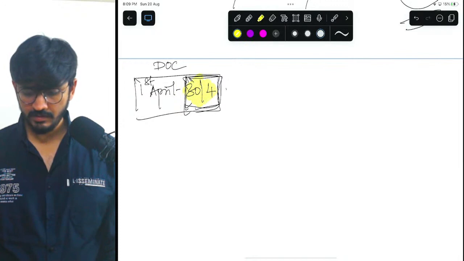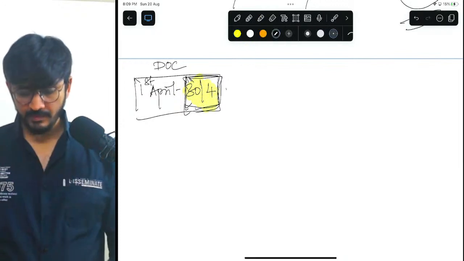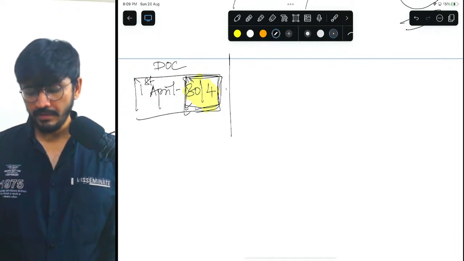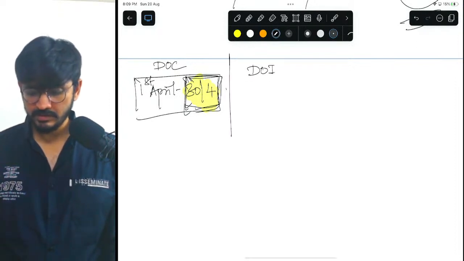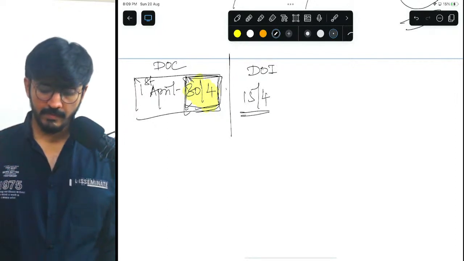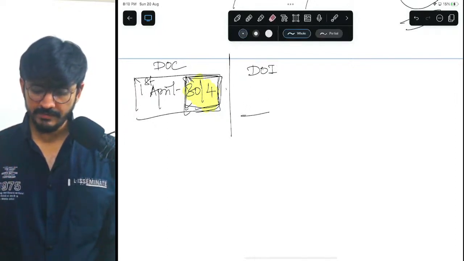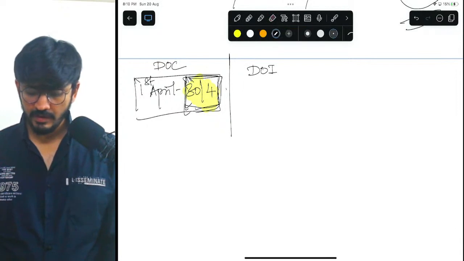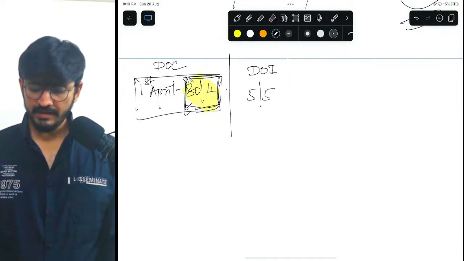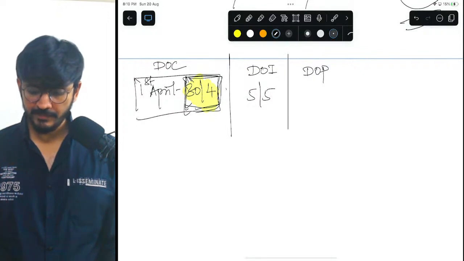Got it? Perfect. Now the date of issue of invoice, very simple, let's say 5th of May. And the payment that you make is on 10th of May.